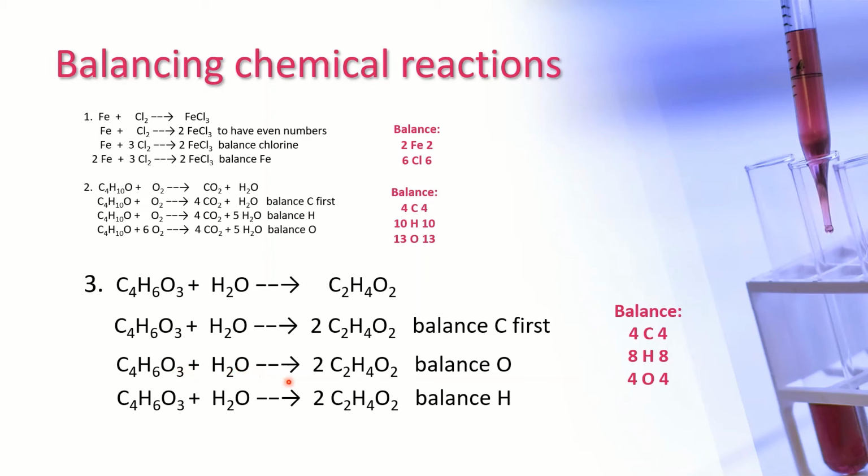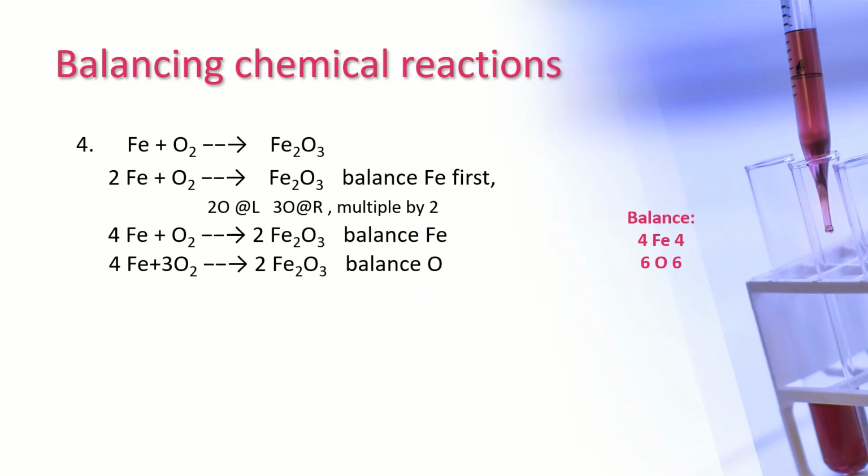There's no need to balance oxygen because it's already balanced. So you have to balance hydrogen now. How many hydrogen? 2 times 4 is 8. So here, 6 plus 2 is 8. So it's already balanced: 4 carbon at the left and right, 8 hydrogen left and right, and 4 oxygen left and right.